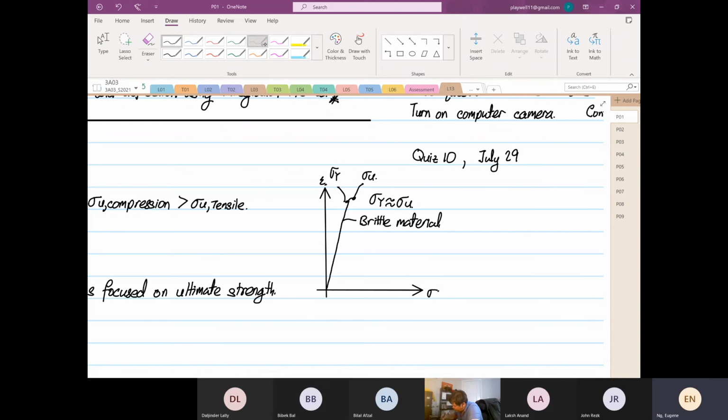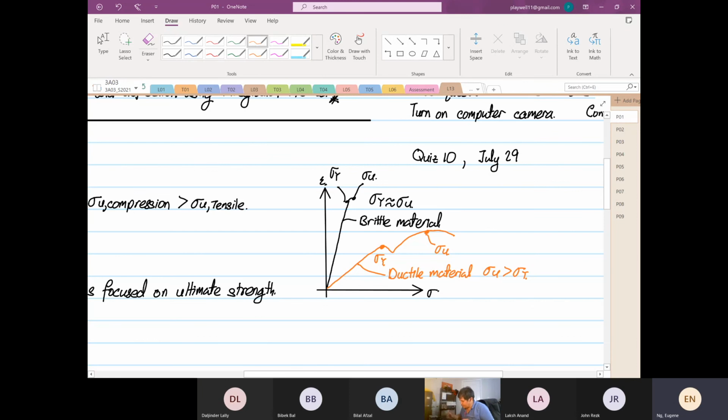So just to quickly refresh, for ductile material, you see this. So this is your stress ultimate. This is your stress yield. So this is for ductile material, where the stress ultimate is greater than stress yield. So that is the reason for Mohr's criteria: the stress yield is approximately equal to stress ultimate, so he focused on stress ultimate.